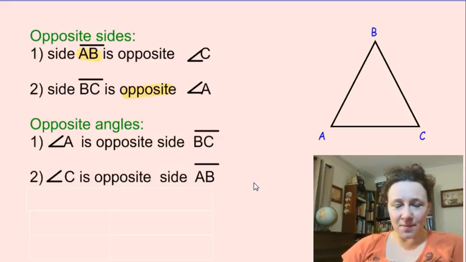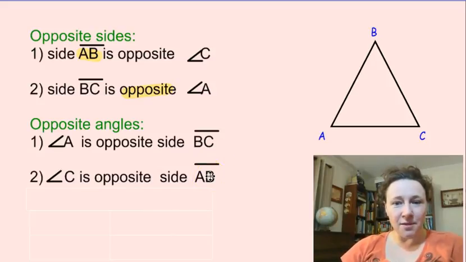Now, let's make some observations. Notice that every time I gave you a side and asked what is that side opposite to, the answer was an angle. And every time I started with an angle and asked for an opposite element, the answer was the side.